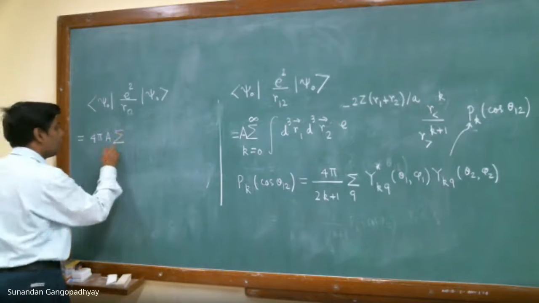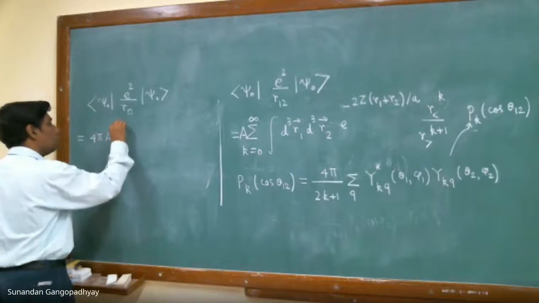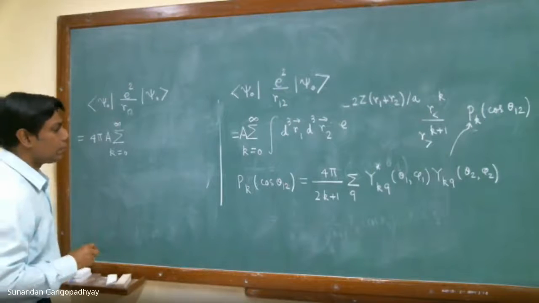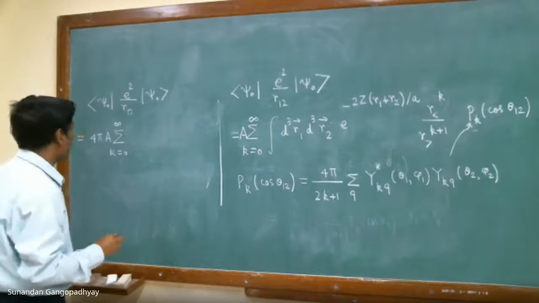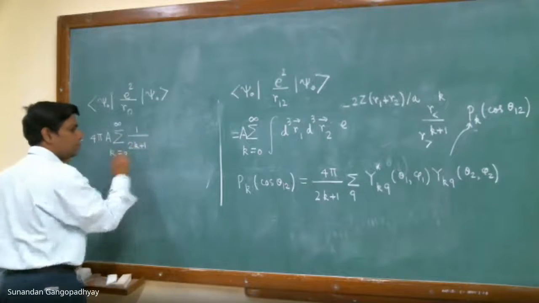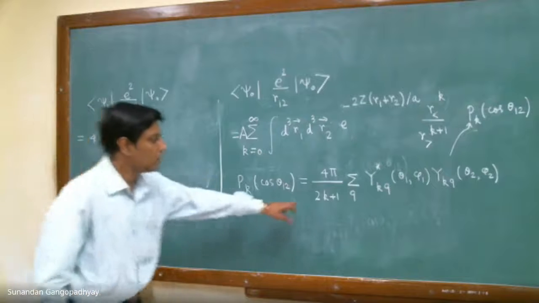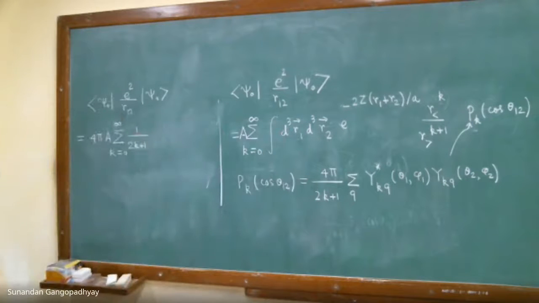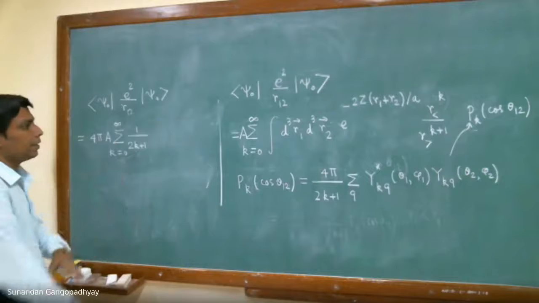Then we have summation k is equal to 0 to infinity. Then you can write this as 1 by 2k plus 1. You can pull this factor outside the integrals, but not outside the summation because you have a k here.